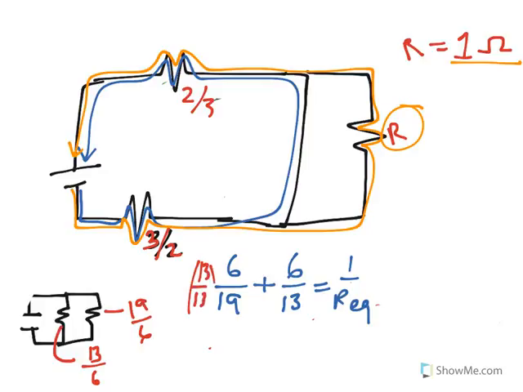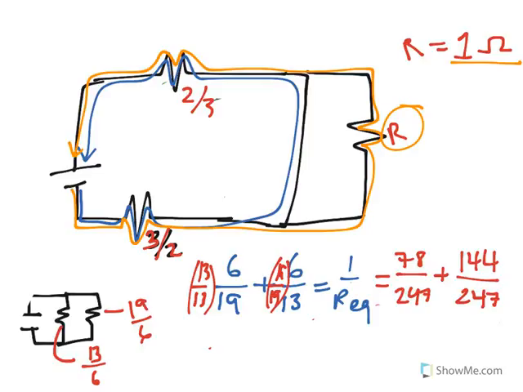So multiply. Those are both supposed to be 19. It's a little hard to read. So I've just gone ahead and simplified these, and it's going to come out to 78 over 247 plus 144 over 247, which equals 222 over 247. And that's our total resistance for this circuit.